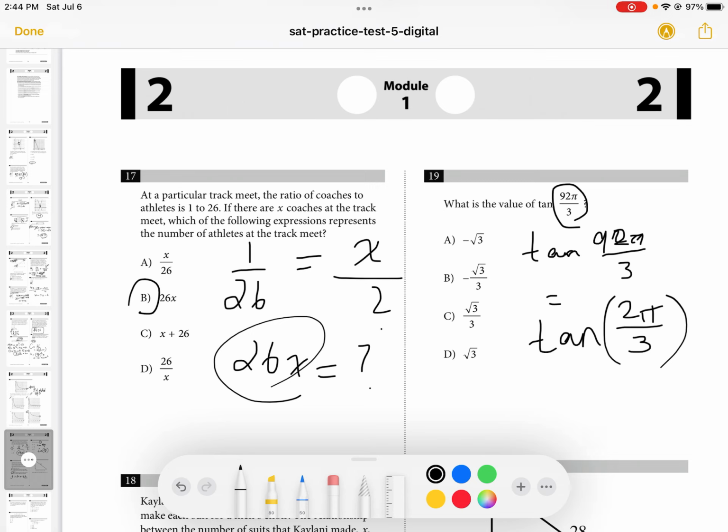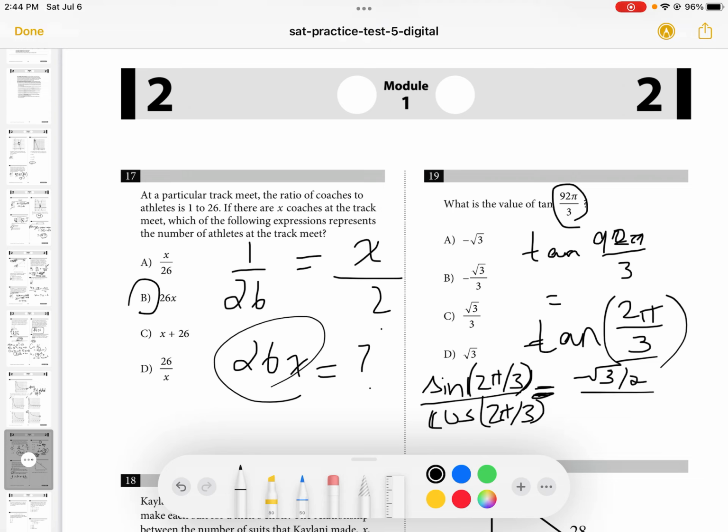So we just need to find the tangent of 2 pi over 3. Now that's equal to sine of 2 pi over 3 divided by the cosine of 2 pi over 3. The sine of 2 pi over 3 is root 3 over 2.